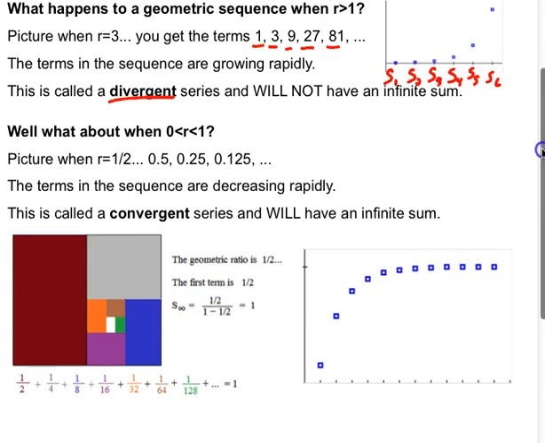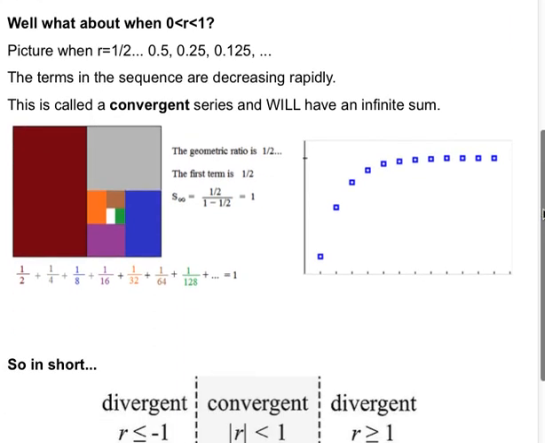Now, things get more interesting when r is a fraction between 0 and 1 or between 0 and -1. Those work the same, okay? And what you end up seeing is this.